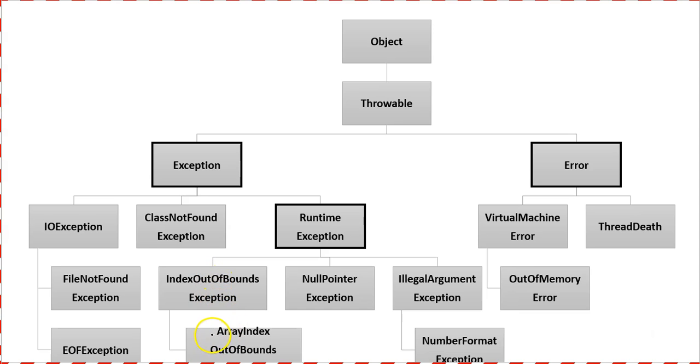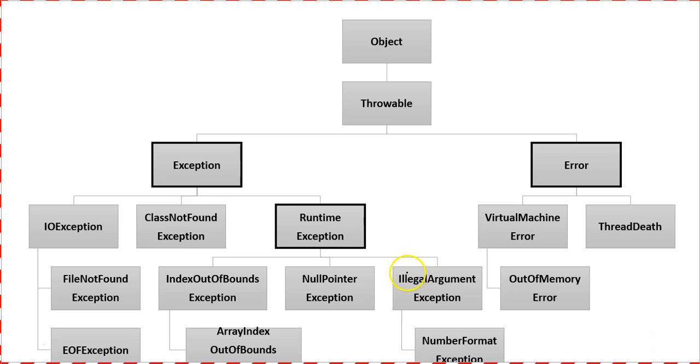A particular example would be an array index out of bounds exception. For instance, if you create an array of size 3 and then you try to access element 5 in that array, you will get an array index out of bounds exception. There are null pointer exceptions. If you try to access an object but the pointer you are trying to use is null, meaning it's not really pointing to an actual object, you'll get this exception. There are illegal argument exceptions.